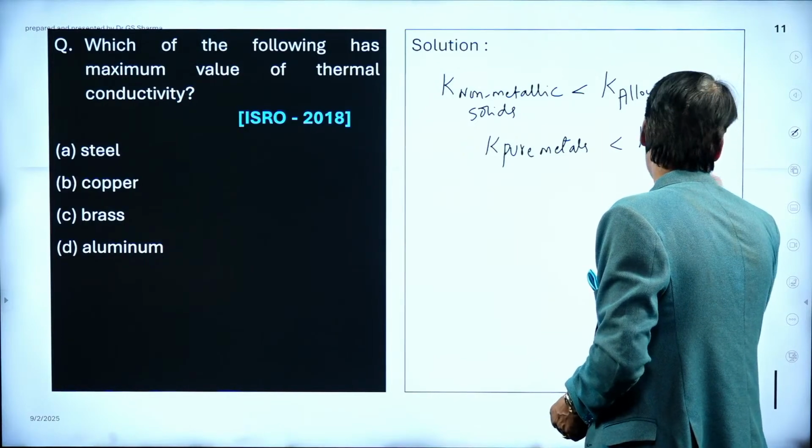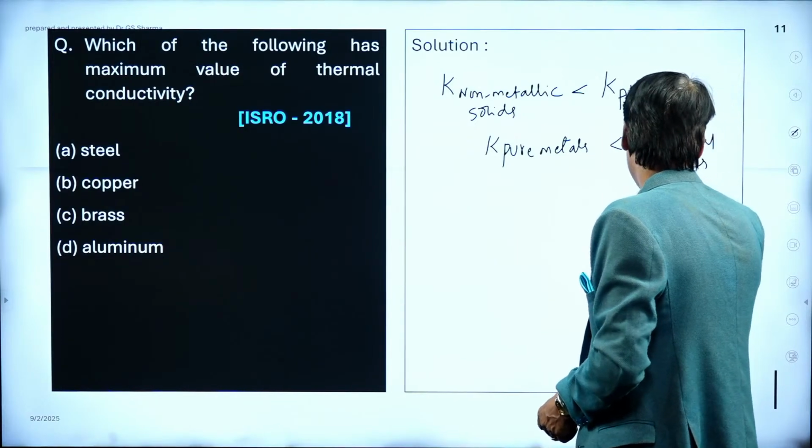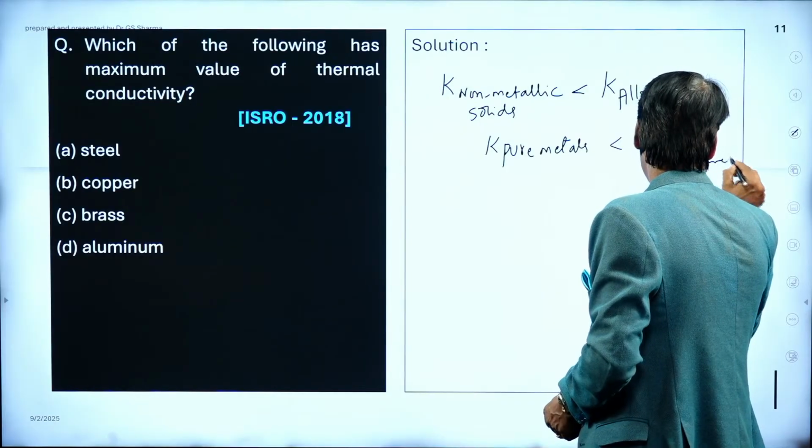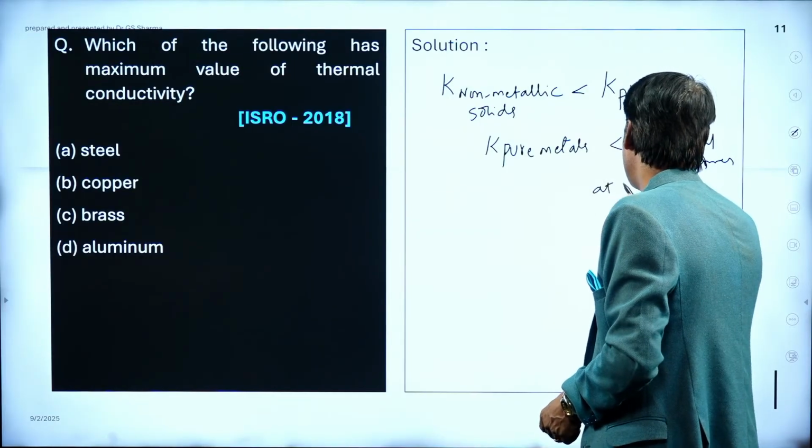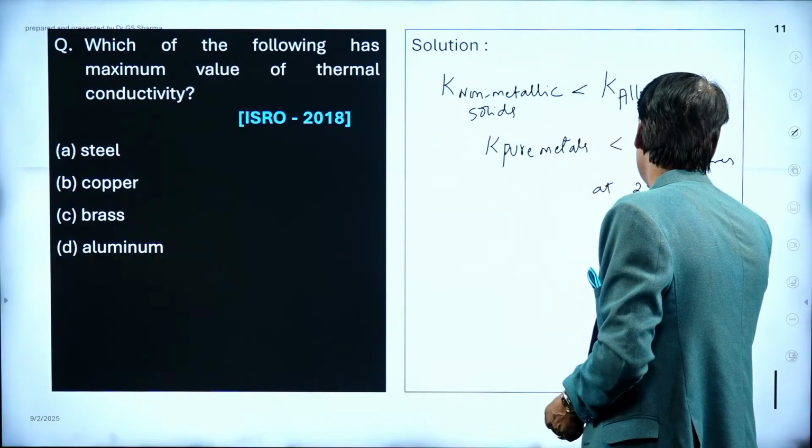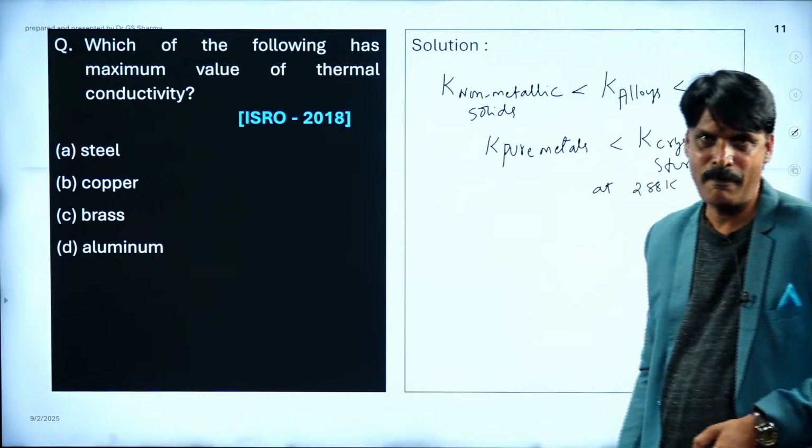Crystal structures at reference temperature of 288 Kelvin or 15 degrees centigrade.